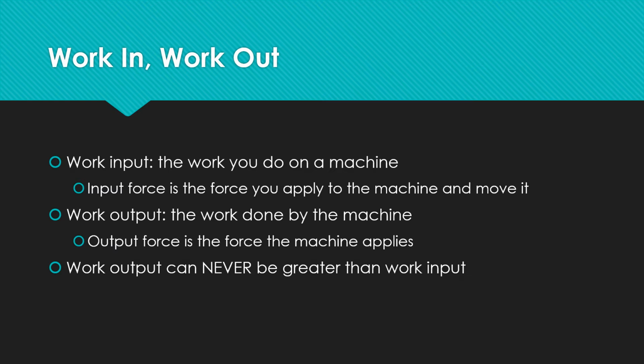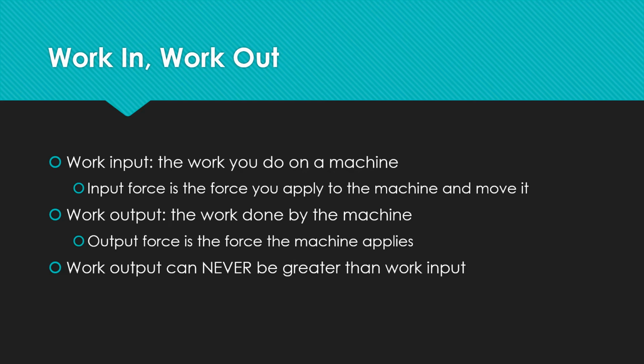Remember how we talked about in chemistry the law of conservation of mass. There's also a law called the law of conservation of energy. You cannot magically get energy out of thin air. You cannot have energy magically disappear.